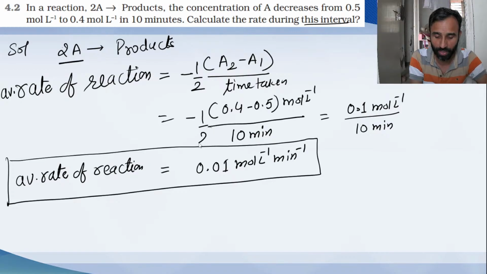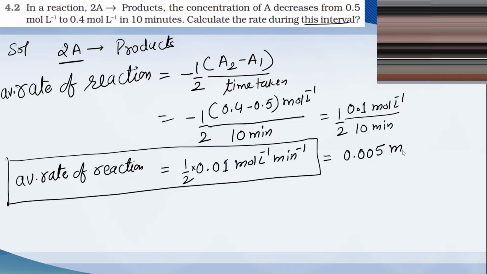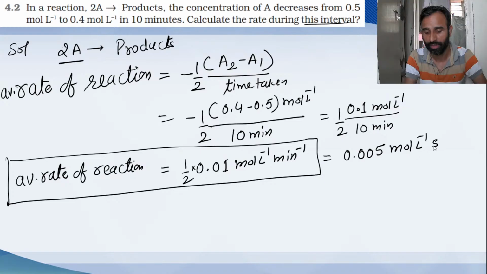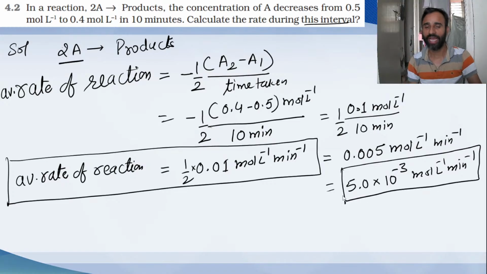So it is again 1 by 2 into 0.01, which is equal to 0.005 mole per liter per minute, or we can write it as 5.0 into 10 raised to power minus 3 mole per liter per minute. You can calculate in seconds as well.